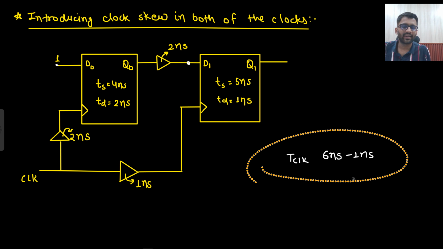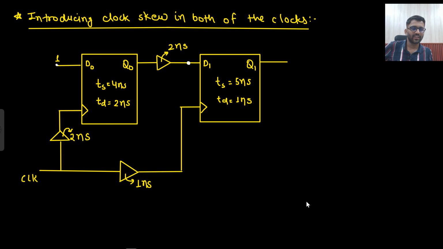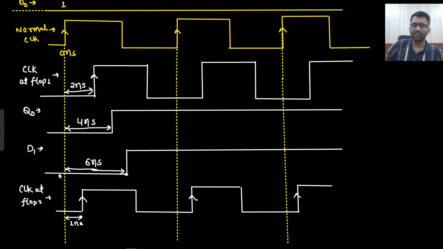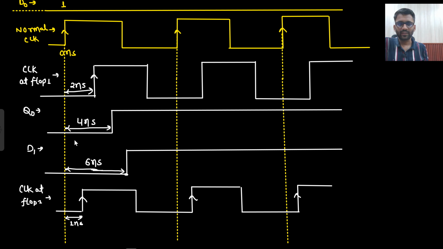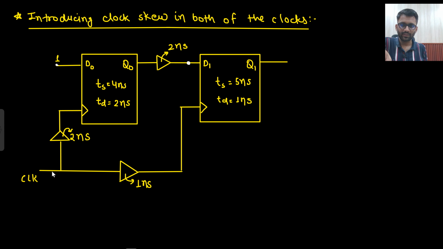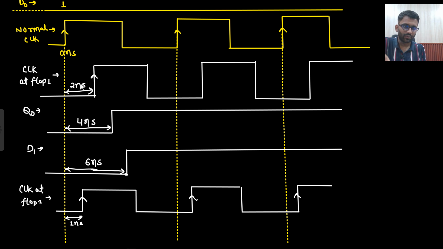Okay, let's not write it directly. Let's do it using our waveforms. So first we will do it using our waveform, and in the end we will write down the conclusion. These are the waveforms which you can draw on your own. This is the clock at flop 1, 2 nanosecond. Then Q0.